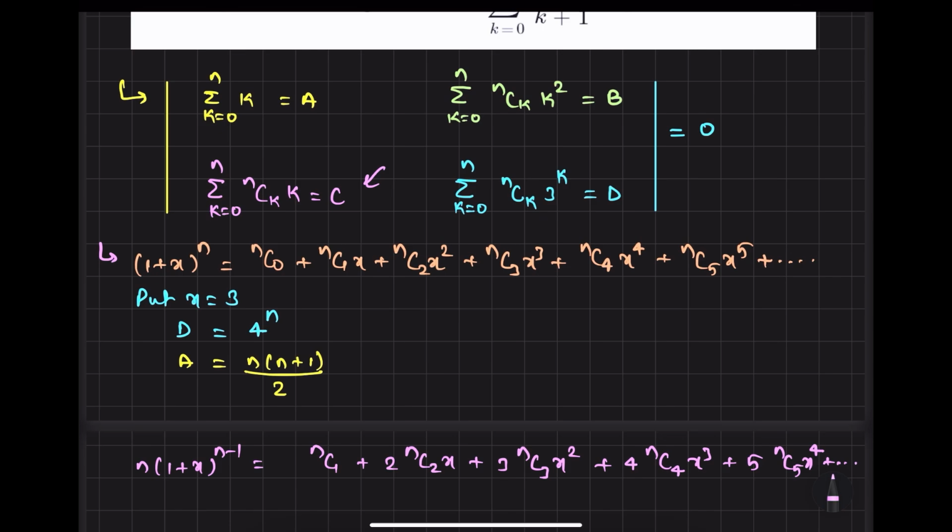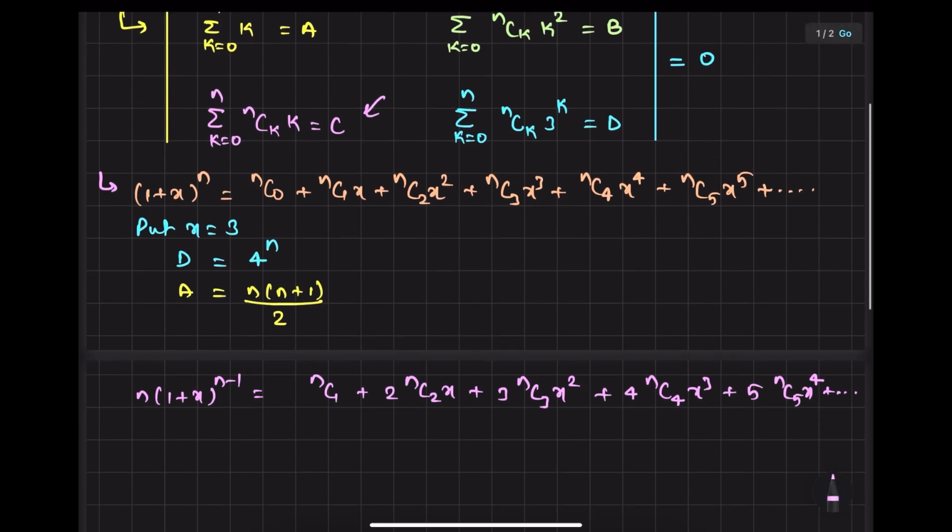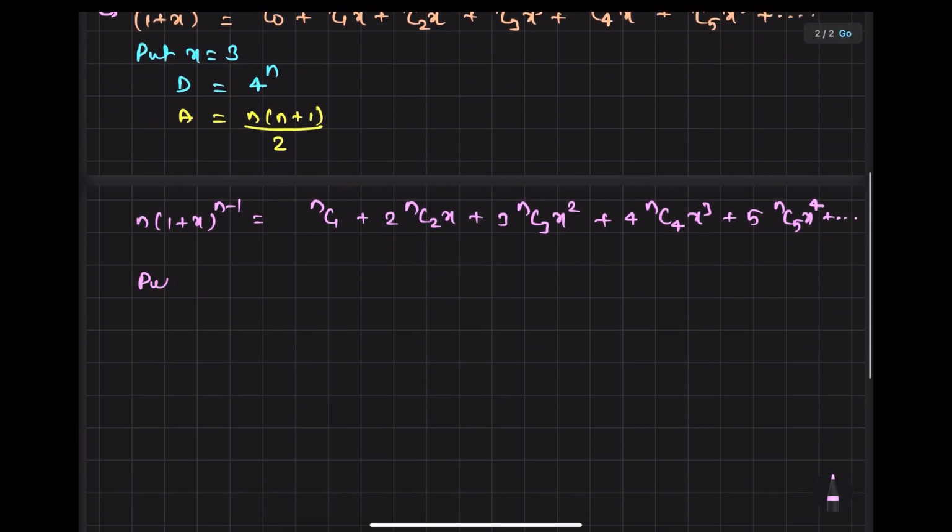nC0 times 0, nC1 times 1, nC2 times 2, nC3 times 3, nC4 times 4. It means we have the only problem with x. So what we have to do? Put x equals 1.